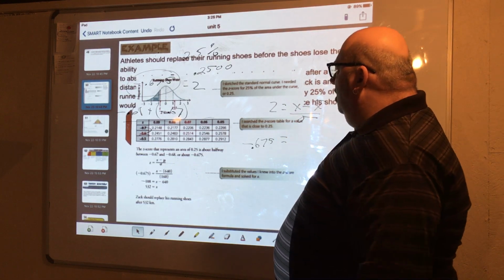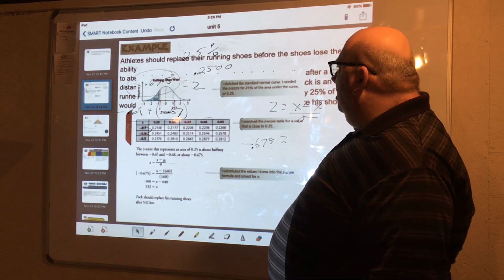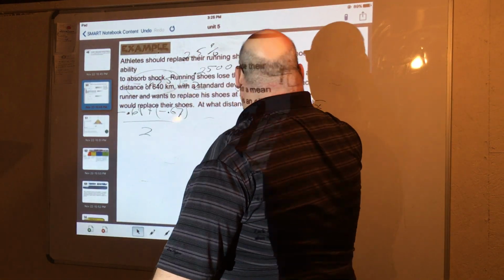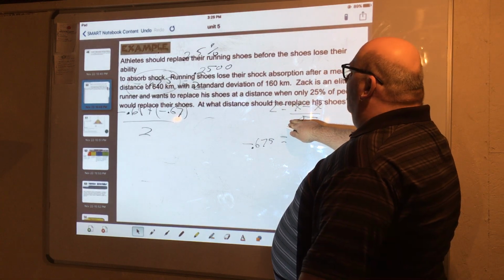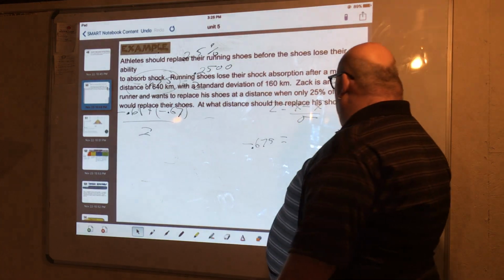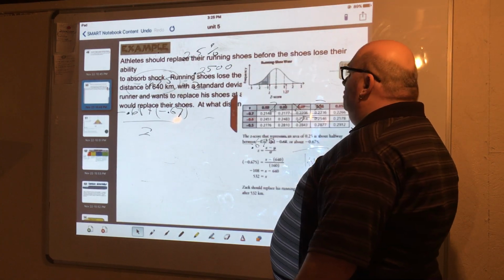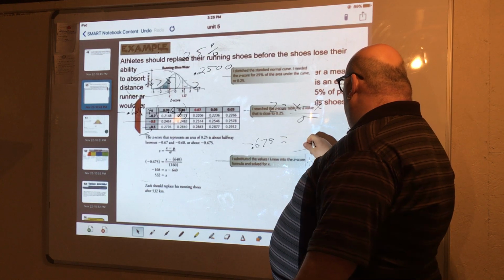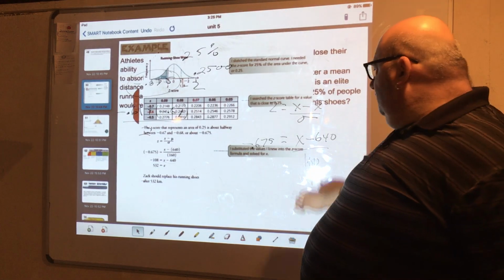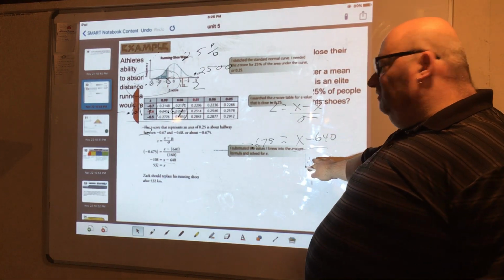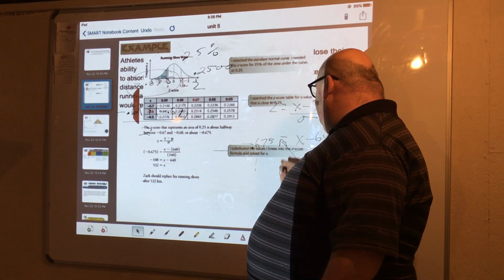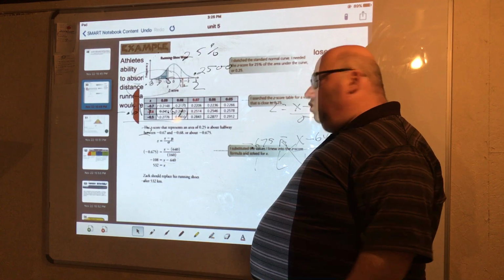Well, we knew in that question that our standard deviation was 160 and our mean was 640. So here's our mean, 640, and here's our standard deviation, 160. We can cross multiply, or you could isolate the term.